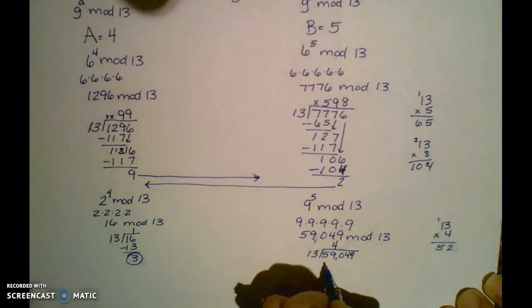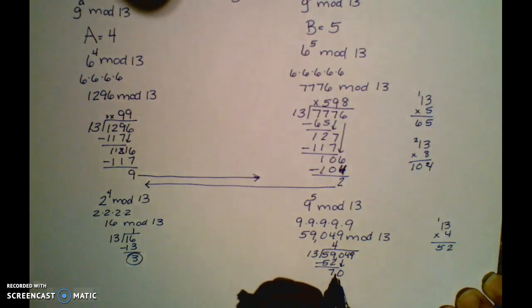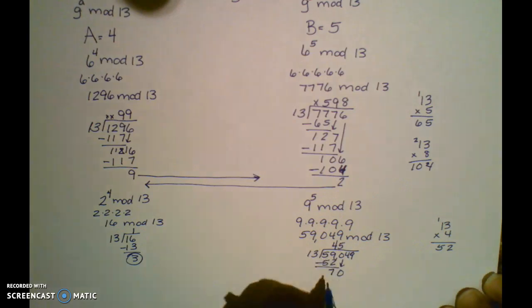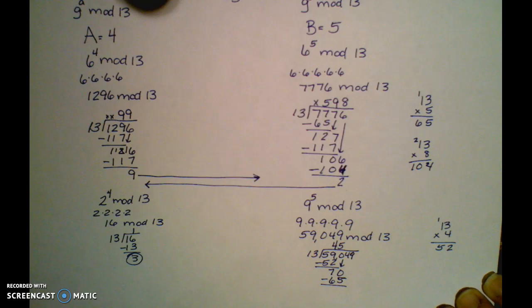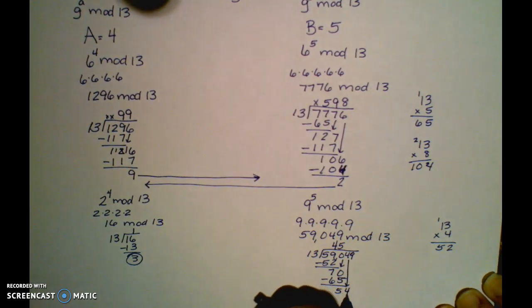You get 52. You subtract, you get 7. Bring down your 0. 13 goes into 70 5 times. Look, I have nice, neat work, so that saves me some time here. Bring down the 4.